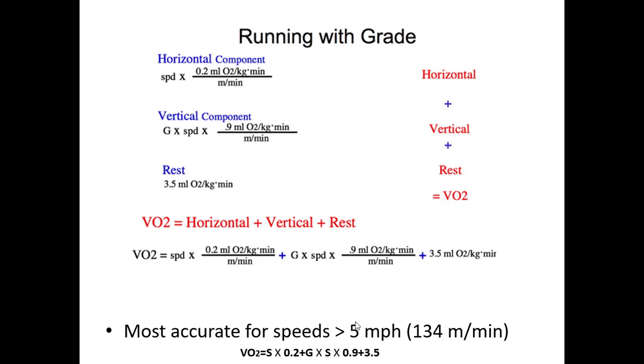So especially for speeds faster than 5 miles per hour, we need this equation, running with grade. Simply, VO2 equals speed multiplied by 0.2 plus grade multiplied by speed multiplied by 0.9 plus 3.5. This is the ACSM metabolic equation for running with grade. And another one: what if you run on flat, outdoors, with no grade?